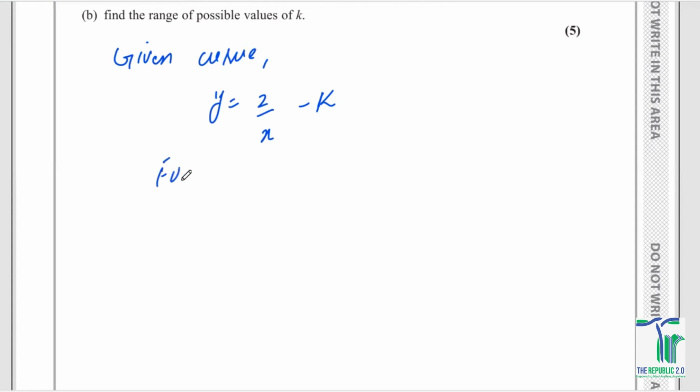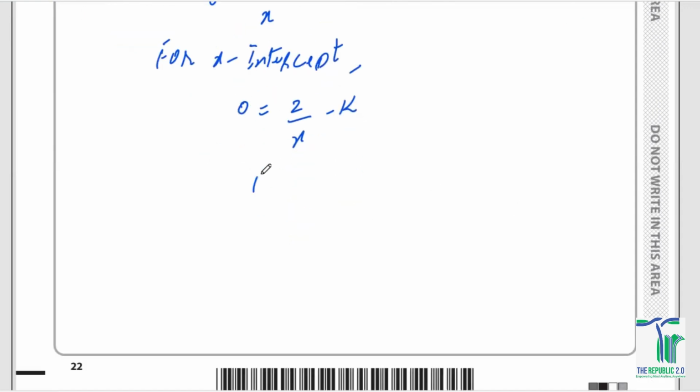So for the x-intercept, you would be having 0 is equals to 2 upon x minus k. And at the end of the day, it is going to be k is equals to 2 upon x, and x would be 2 upon k. Now, that is going to be the equation of the intercept of the x-axis.